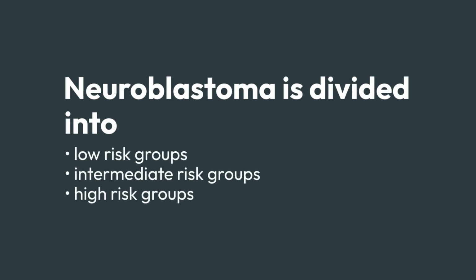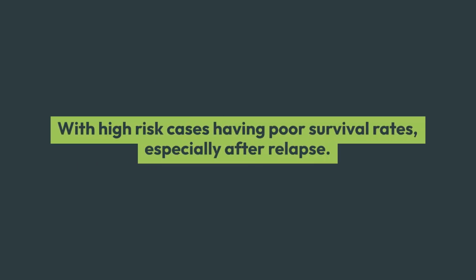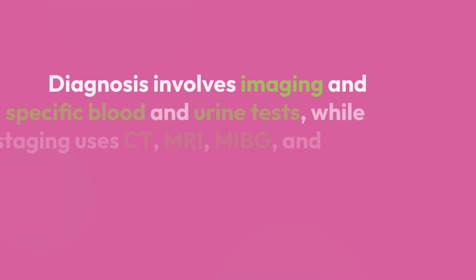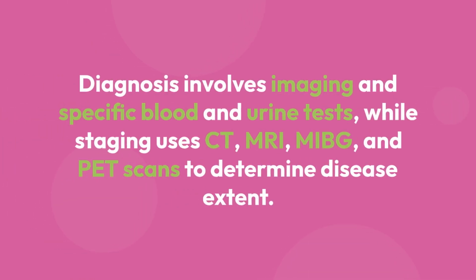In summary, neuroblastoma is divided into low, intermediate, and high-risk groups, with high-risk cases having poor survival rates, especially after relapse. Diagnosis involves imaging and specific blood and urine tests, while staging uses CT, MRI, MIBG, and PET scans to determine disease extent.